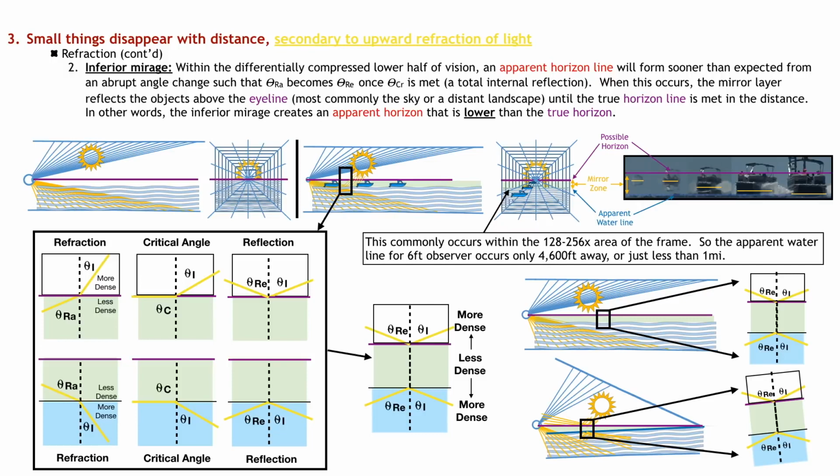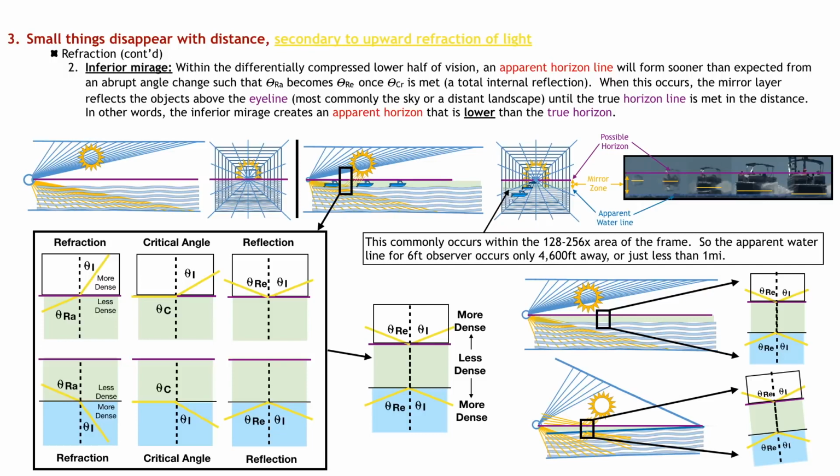When you're looking at a photograph with an inferior mirage and you're looking at the apparent water line, the actual point where the mirage starts, that is a nearby point. What I've noticed, looking at many of these inferior mirage photos, is that the mirror zone is very small within the frame when you're zoomed out, and it seems to occur within that 128 to 256 compression rate up to the purple line.